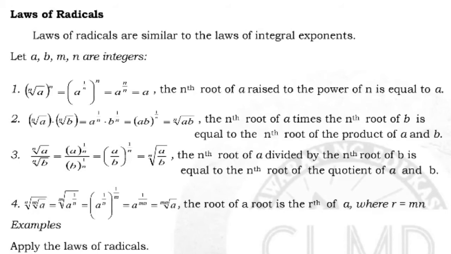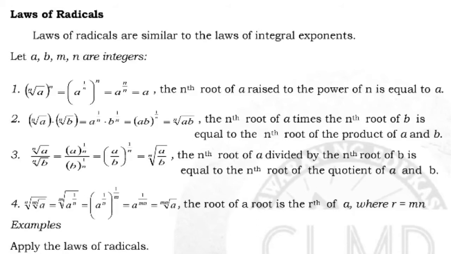And this is equal to a to the power of n over n, which is equal to a. So in here, the nth root of a raised to the power of n is equal to a. For this law, it means that if the index is the same as the exponent, the answer is just the radicand, a.